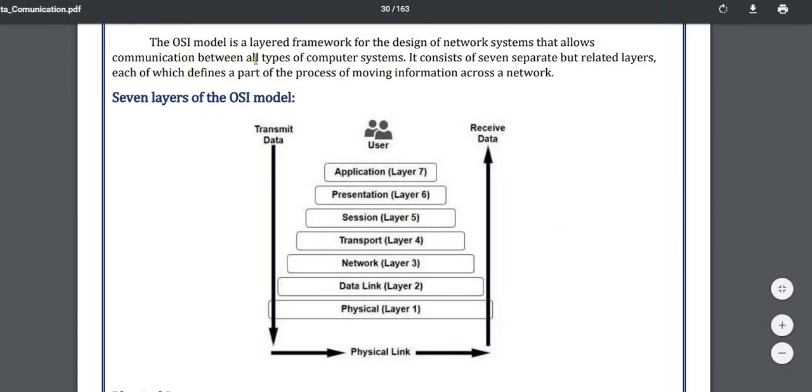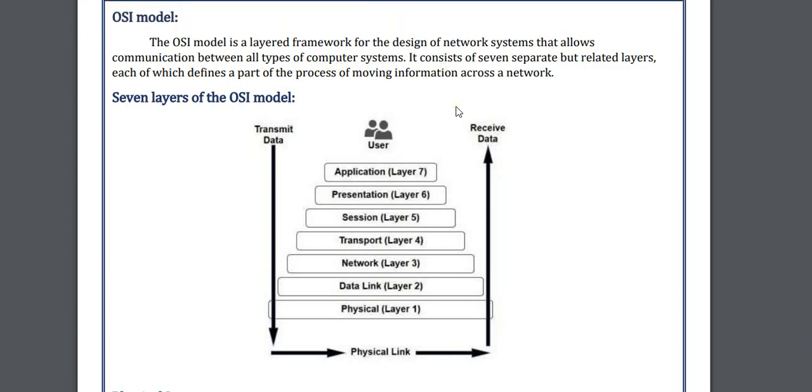The OSI model is a layered framework for the design of network systems that allows communication between all types of computer systems. That means you are communicating with a phone from your laptop. It consists of 7 separate but related layers, each of which defines a part of the process of moving information across the networks.